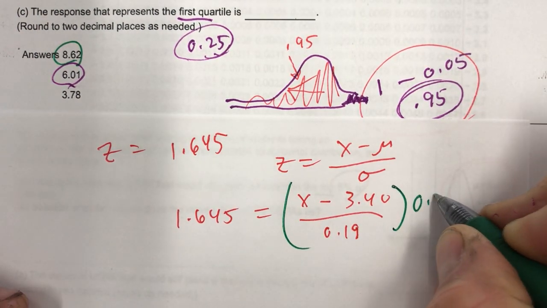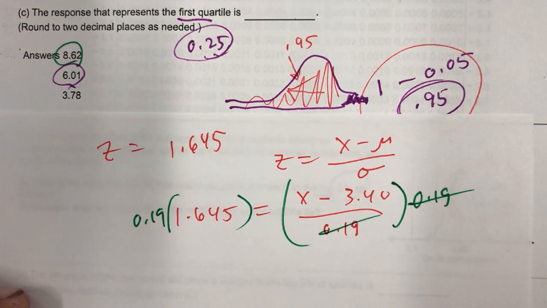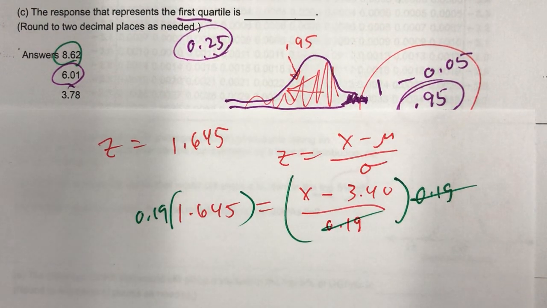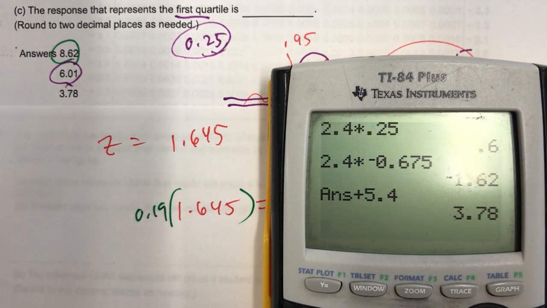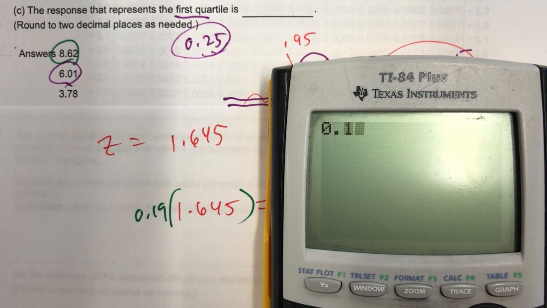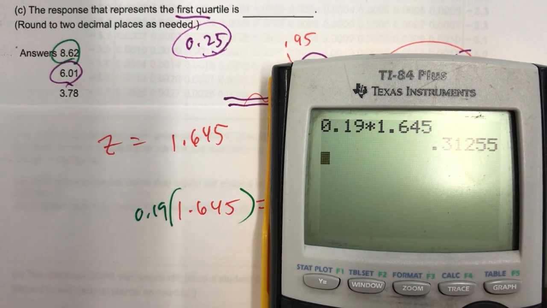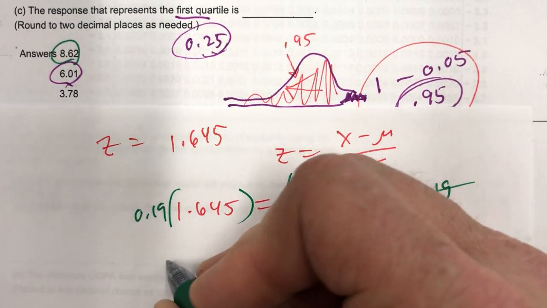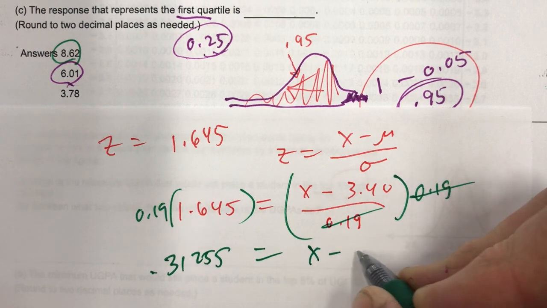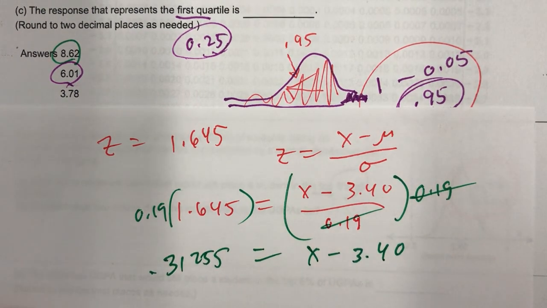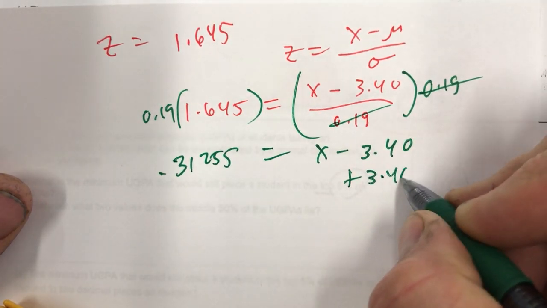So I multiply both sides by 0.19. This will cancel off. So 0.19 times 1.645 equals 0.31255. Okay, so I add 3.40.